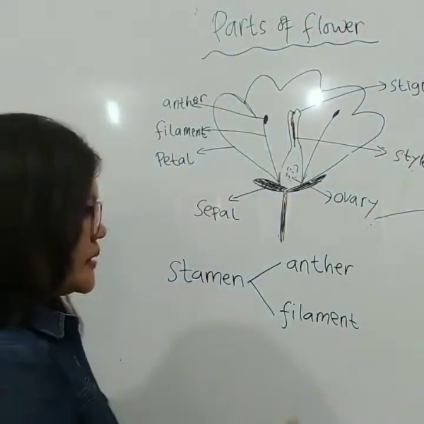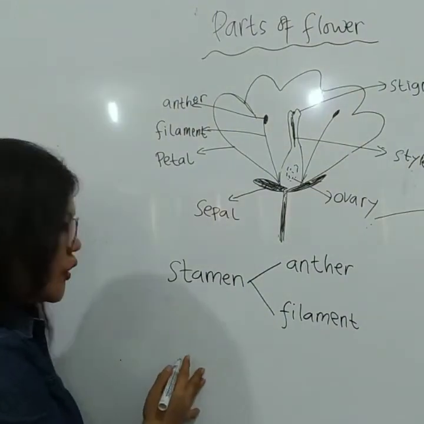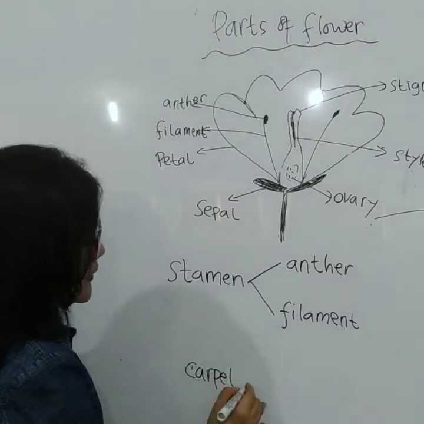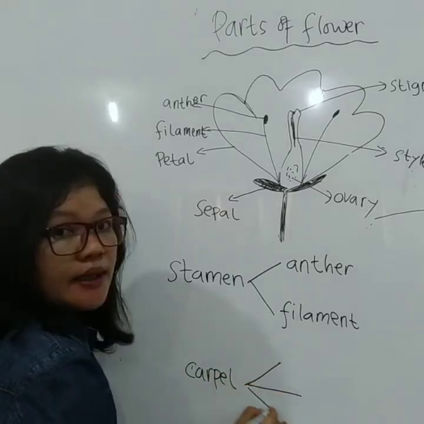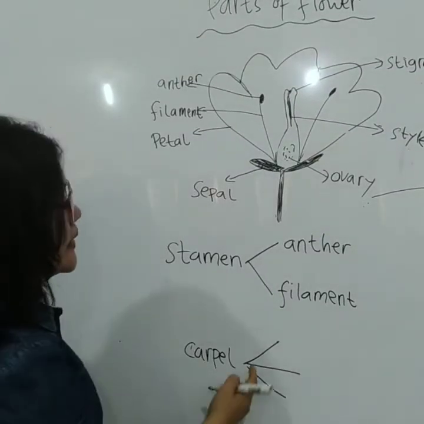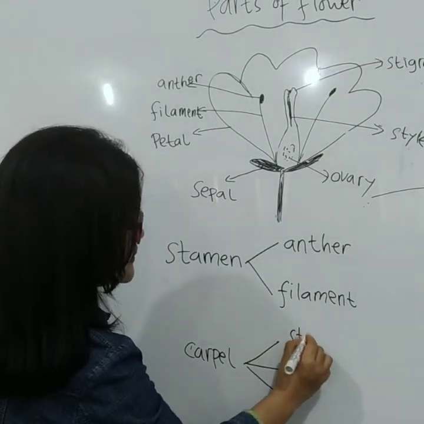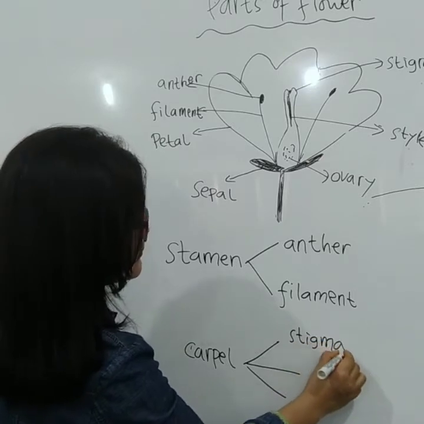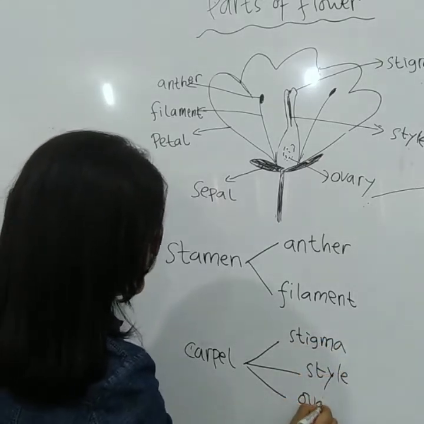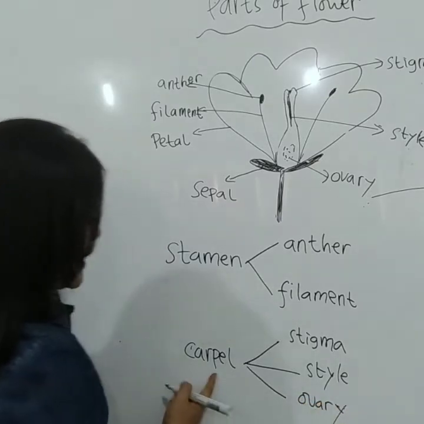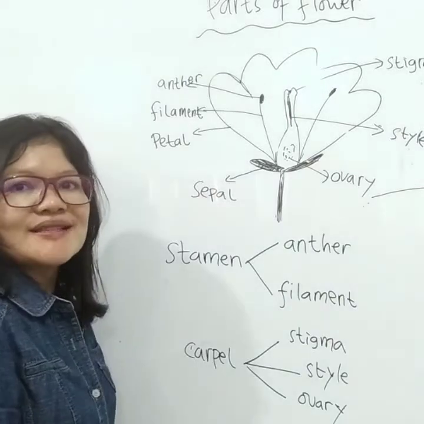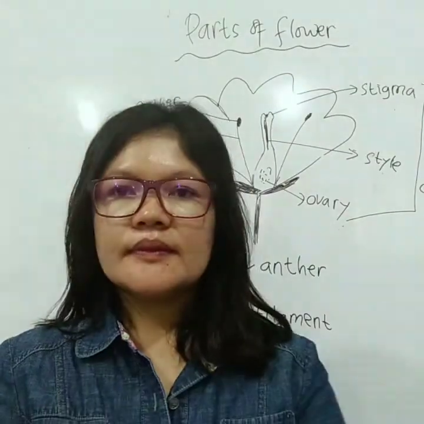Pistil or carpel can be classified into three parts: stigma, style and ovary. So carpel or pistil is the female part of the flower.